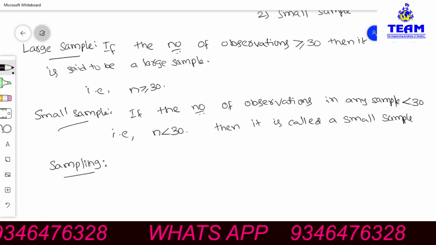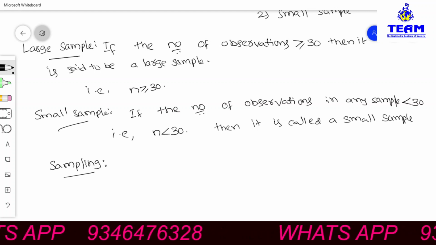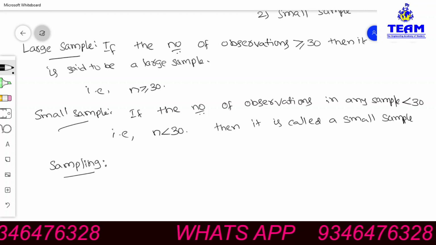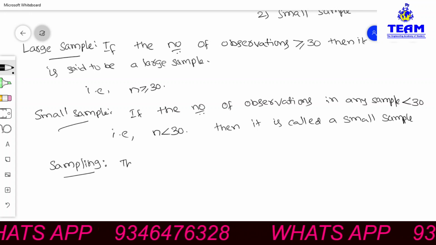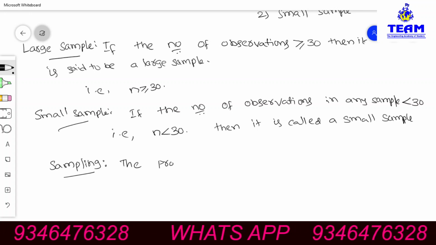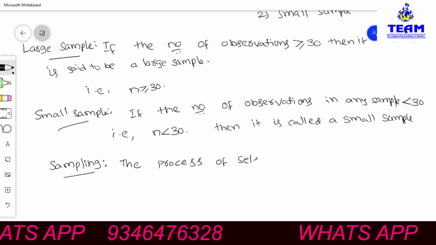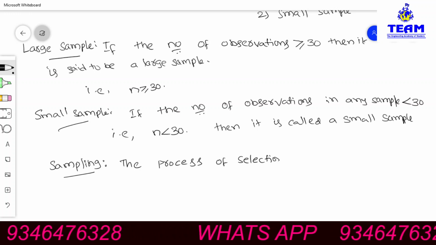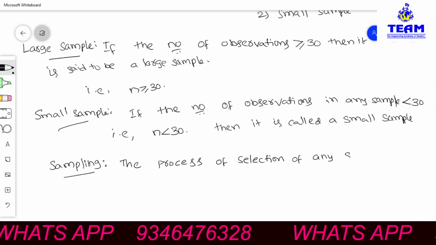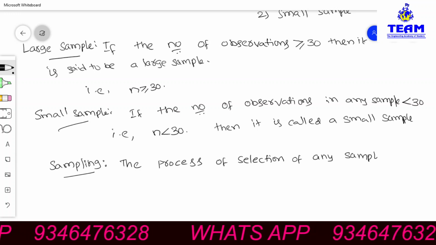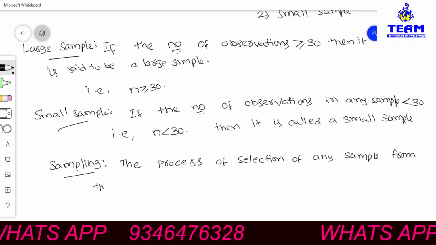So, sampling is the process of selection of any sample from the given population. This is known as sampling.